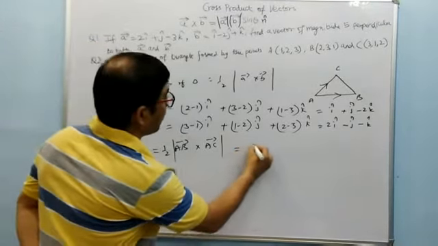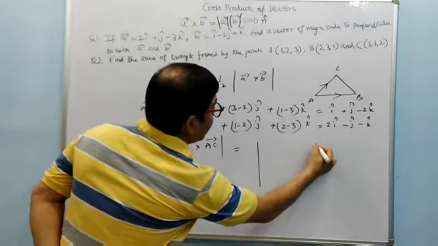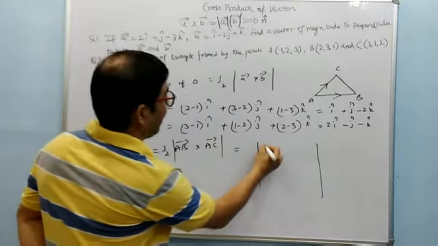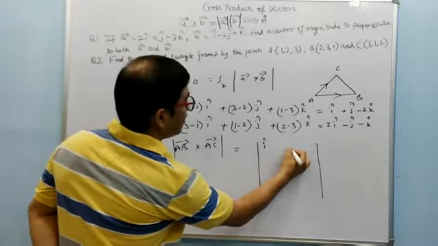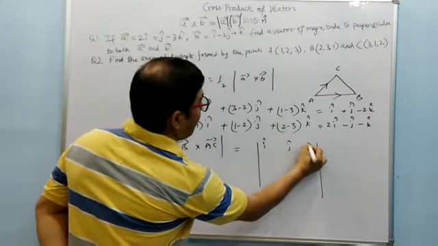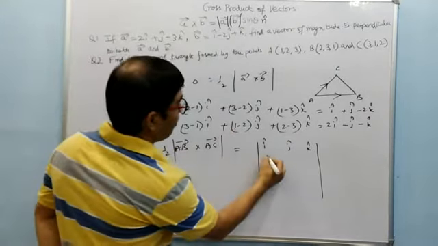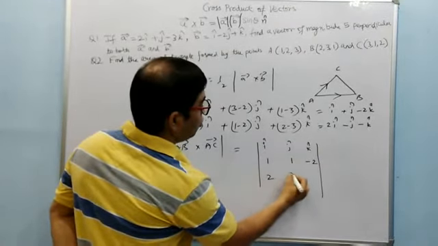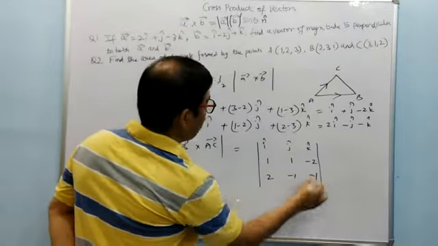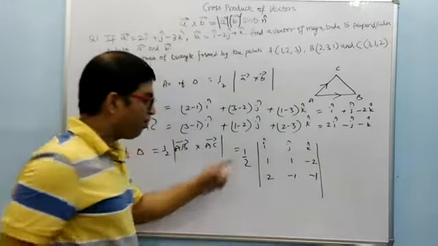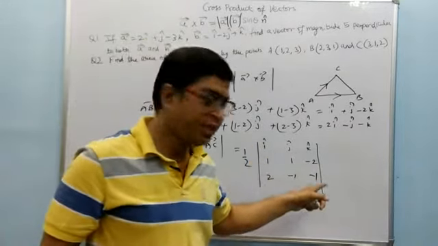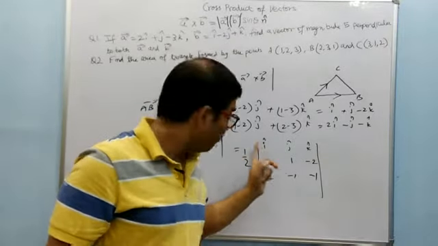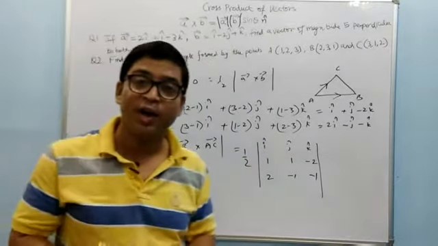Okay, so we learned the determinant method. We will write here i cap, j cap, k cap, and the coefficients 1, 1, minus 2, 2, minus 1, minus 1, with a half. So by just finding the value of this, which we have done earlier, we can easily find the area of the triangle.